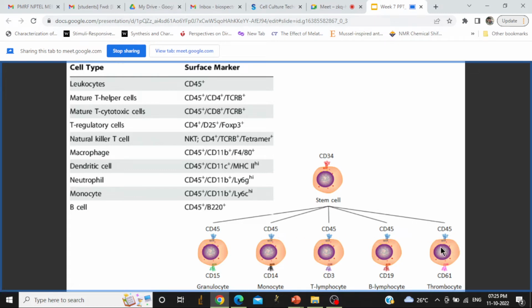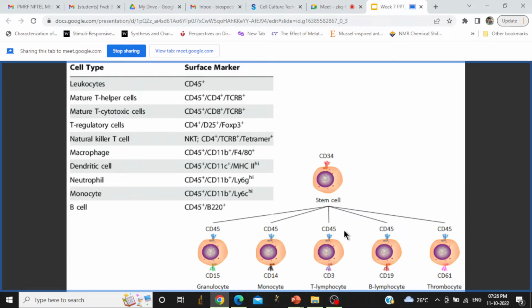If we use the CD45 antibody to separate these cells, we will get all these types of cells. So if we want to separate all the leukocytes, we will use CD45 antibody, which is specific to CD45. They will attach to this CD45, and with the help of a magnet or with the help of FACS using fluorescence tags, we can separate all the types of leukocytes.